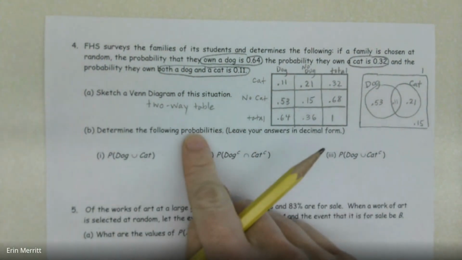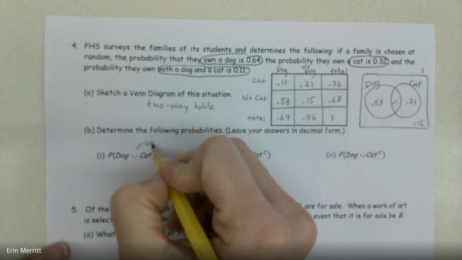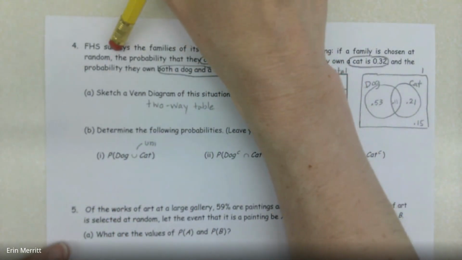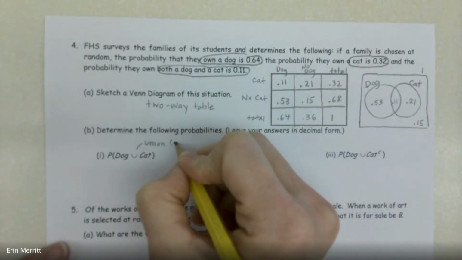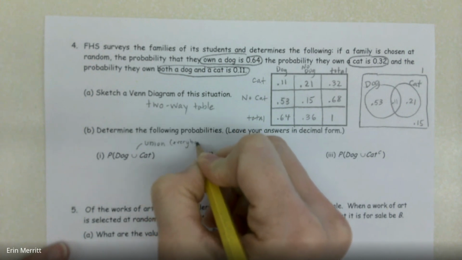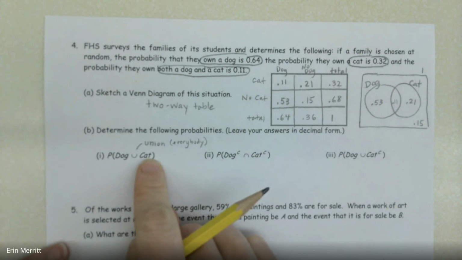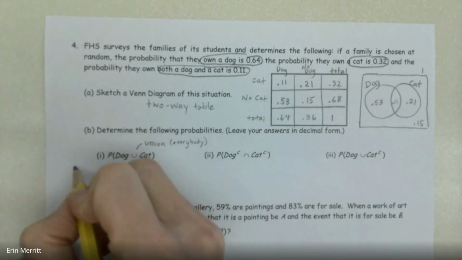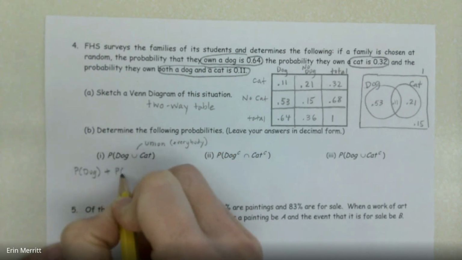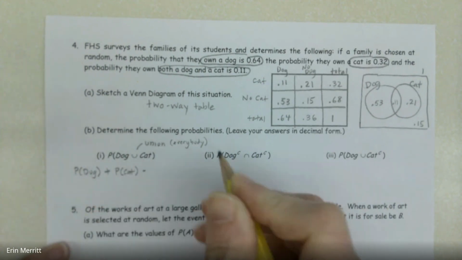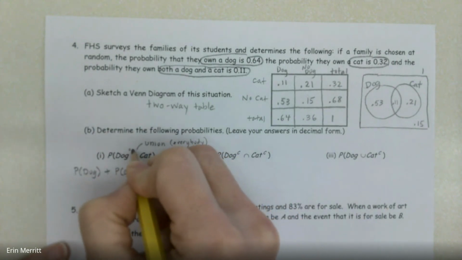So when it says determine the following probabilities, all right, remember that the union symbol means union. Hold on one second. All right, so when it's the union, we list everybody. So probability of a dog or a cat. That means I want all of the dog owners plus all of the cat owners, just take out anybody that we've counted twice, because union is the same as or.